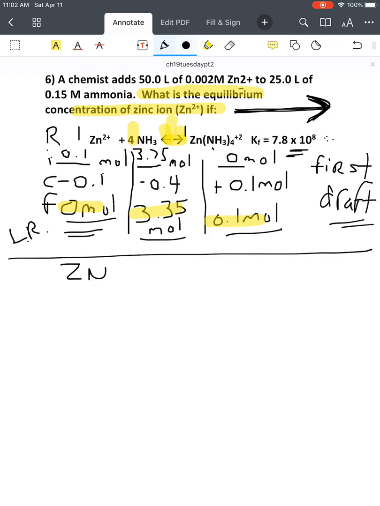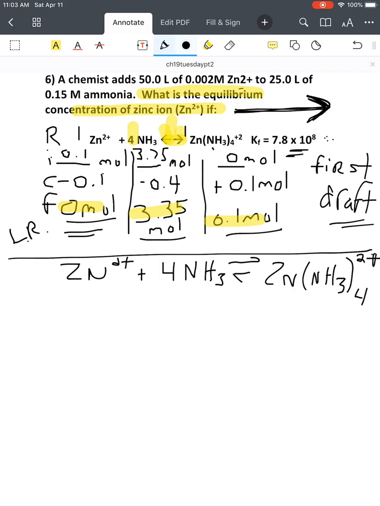To help me do that, I'm going to rewrite the equation, zinc 2 plus, combining with 4NH3, setting up an equilibrium to make the complex ion, zinc NH3 sub 4, and the whole thing is still 2 plus because ammonia is neutral.